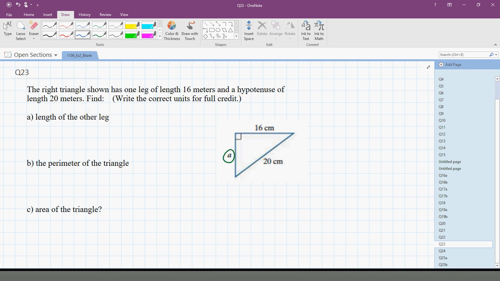How do we do that for this right triangle? How do we find that other leg for the right triangle?